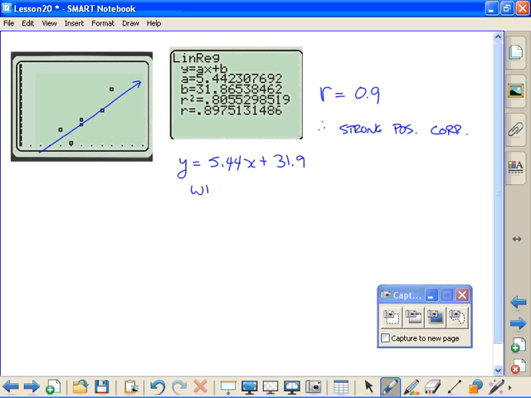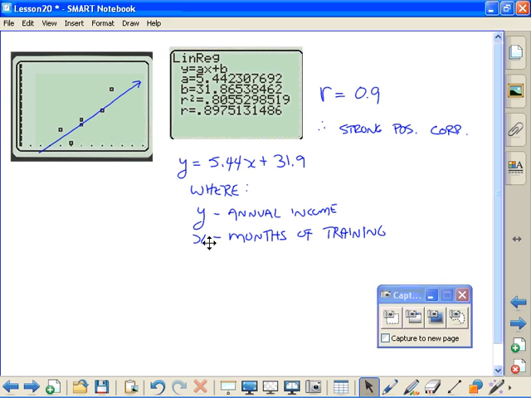I want to make sure I understand what my variables are. Y is the annual income, and X is the months of training. So based on the data provided, there seems to be a strong relationship or correlation between the months trained and the actual outcome, or the salary that we're looking at here.